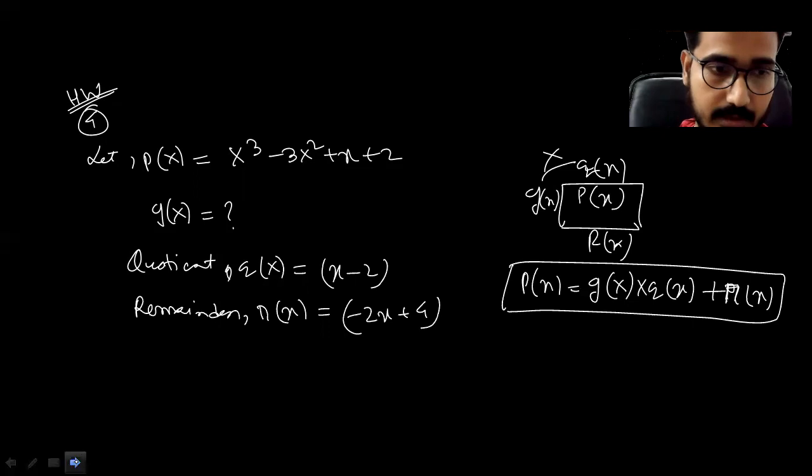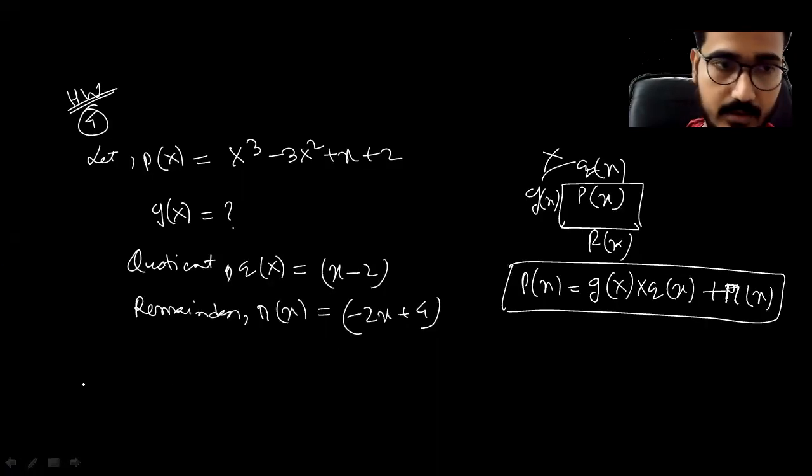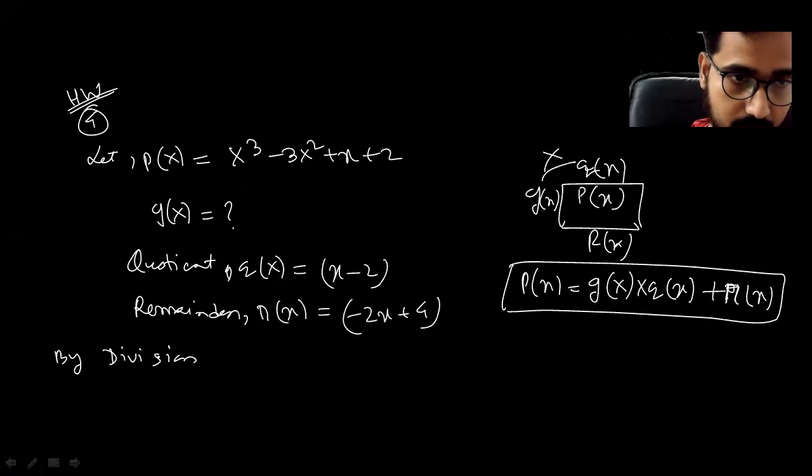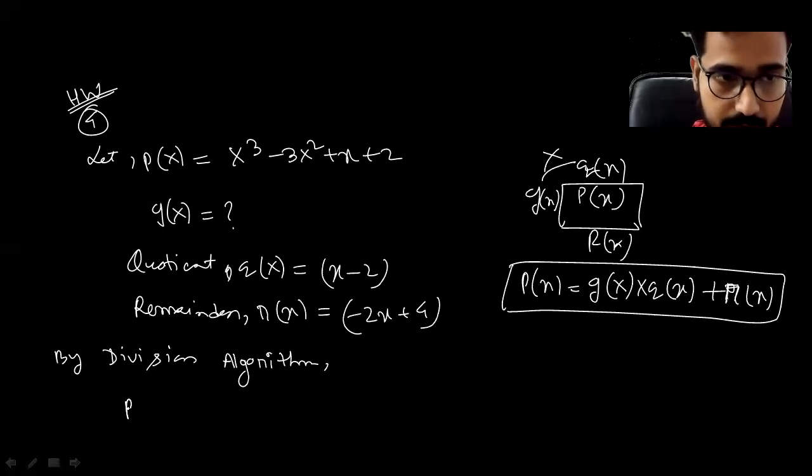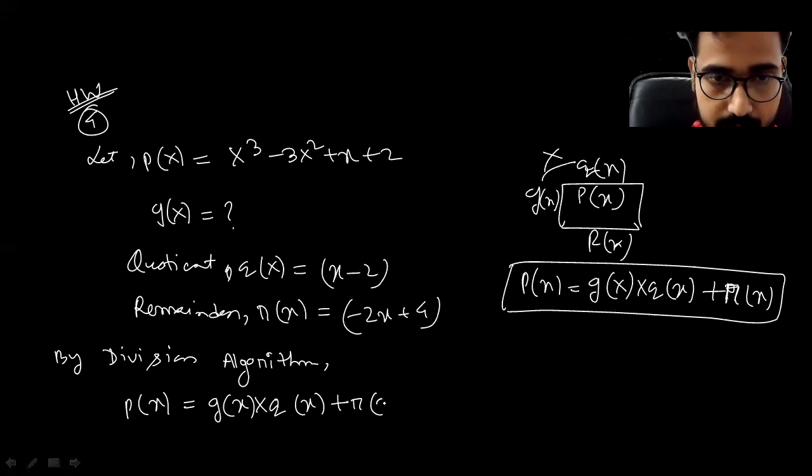That means here px is given, x cube minus 3x square. Now you have to write down like this. This is known as the division algorithm. So by division algorithm, this is the px, so px will be equal to gx into qx plus rx.